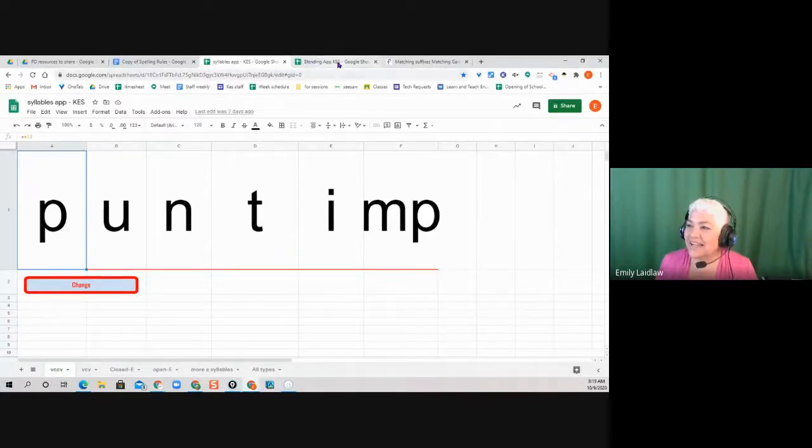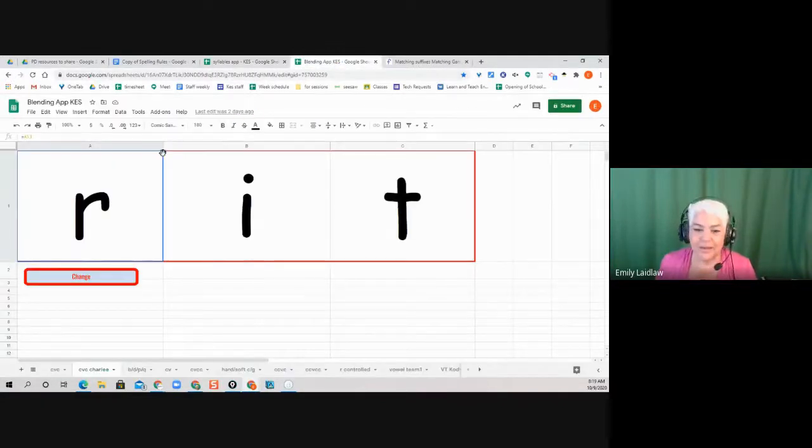All right, so today we are going to talk about decoding multisyllabic words. But one of the steps along the way is to be able to blend. So remember, if we think about the things we absolutely have to be able to do to read, we have to know that words are made up of sounds.